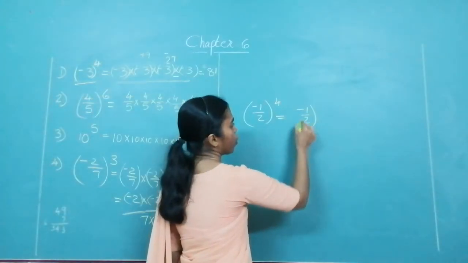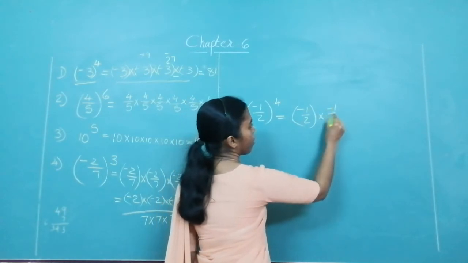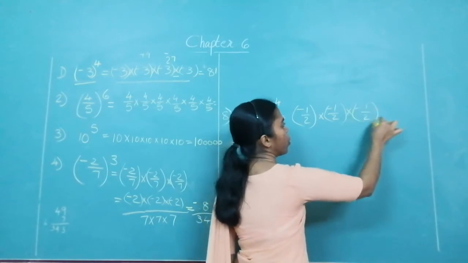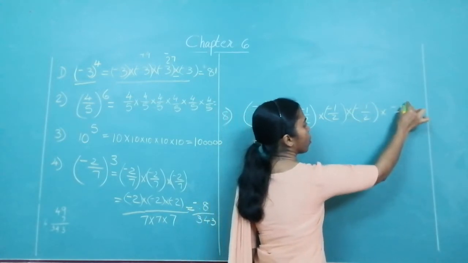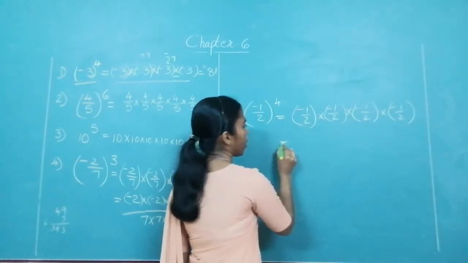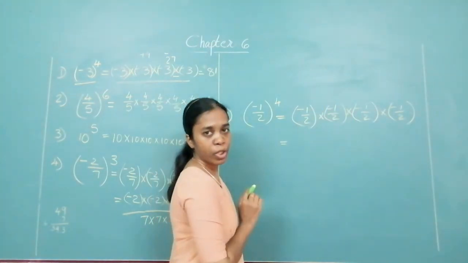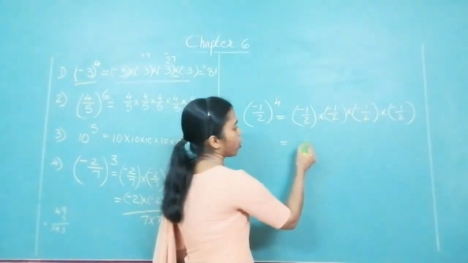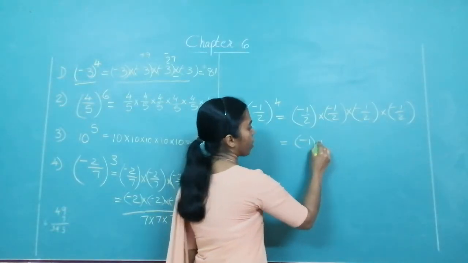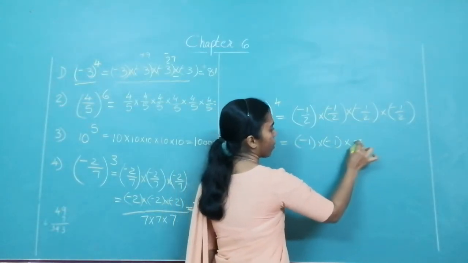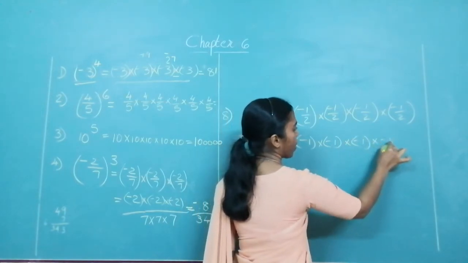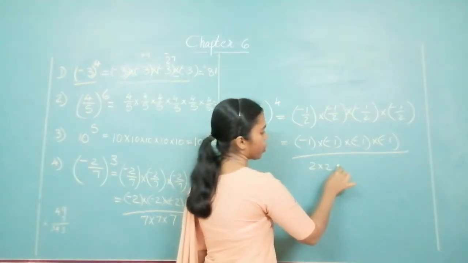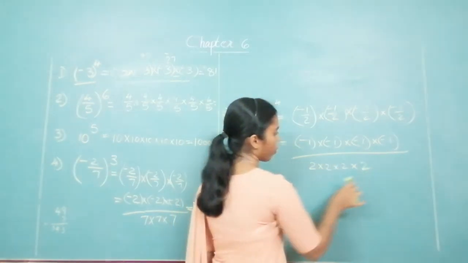Minus 1 upon 2 multiplied by minus 1 upon 2 multiplied by minus 1 upon 2 multiplied by minus 1 upon 2. Okay. Now write all the numerators together. You know how to multiply numerators together. So you have minus 1 multiplied by minus 1 multiplied by minus 1 multiplied by minus 1 upon. Now write all the denominators, 2 into 2 into 2 into 2.